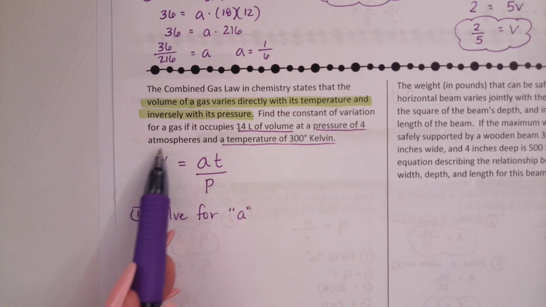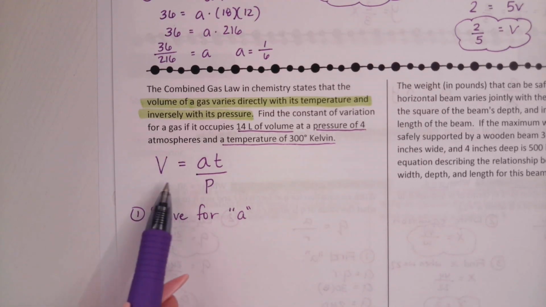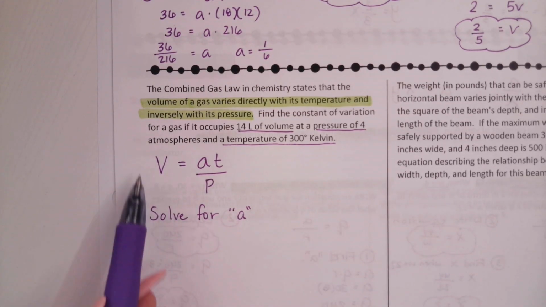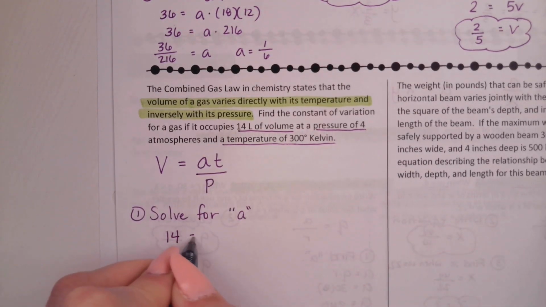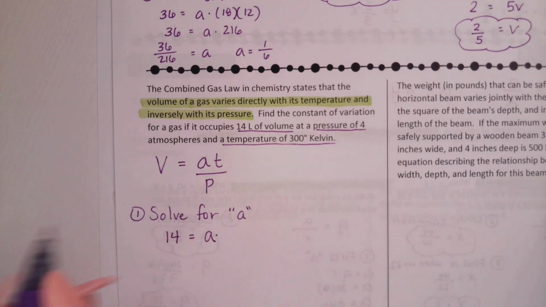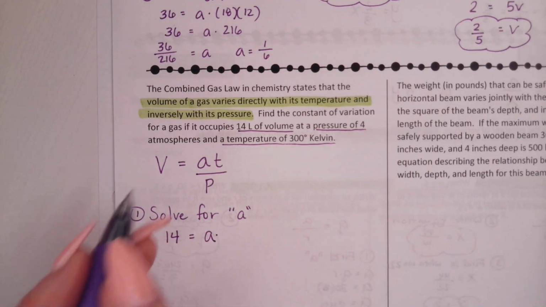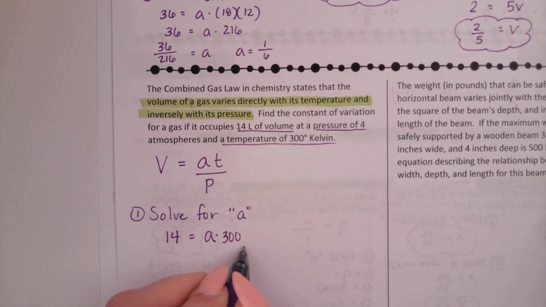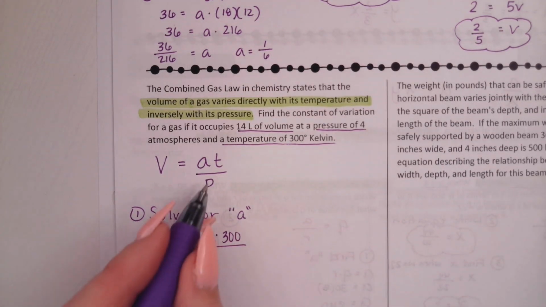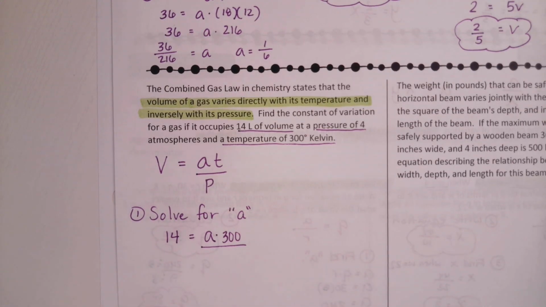Was I given a V? Yes. What was I given? 14 liters. Equals, we don't know A. Was I given a T, temperature? 300 degrees Kelvin. My inversely with, was I given a pressure? Yep. What was it? 4 atmospheres.